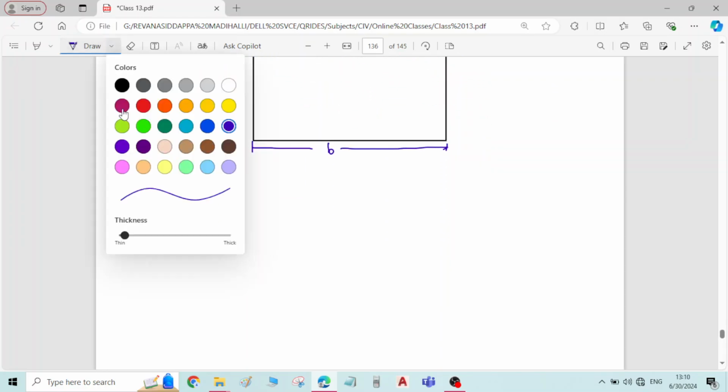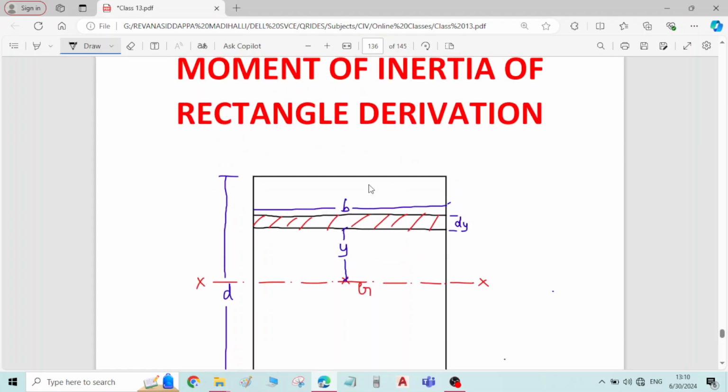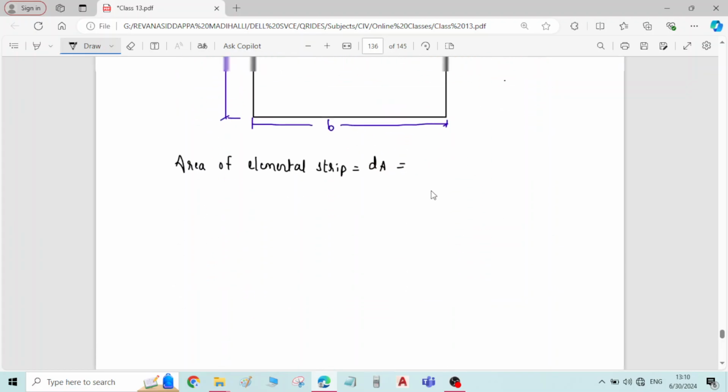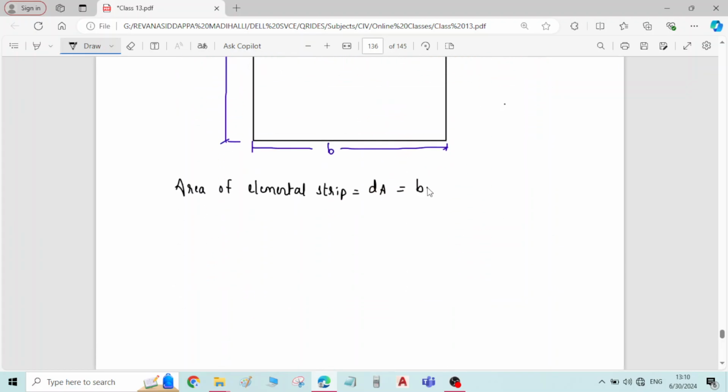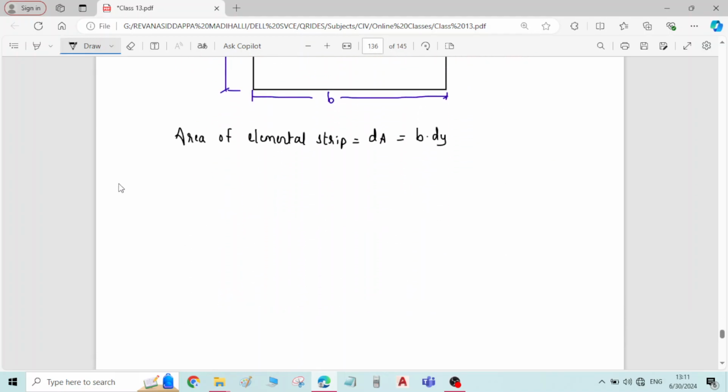Now area of elemental strip, let me call it dA, it is a rectangle of sides b and dy, correct? So dA is equal to b into dy. Now what we will do, we will find the moment of inertia of this elemental strip about the x-axis.